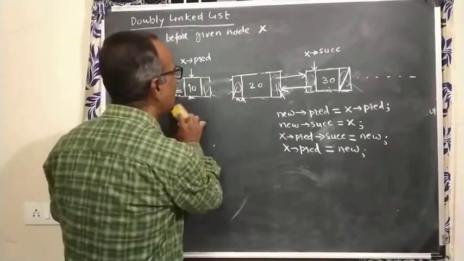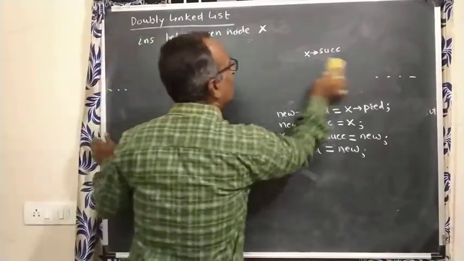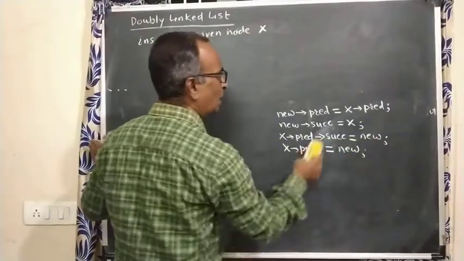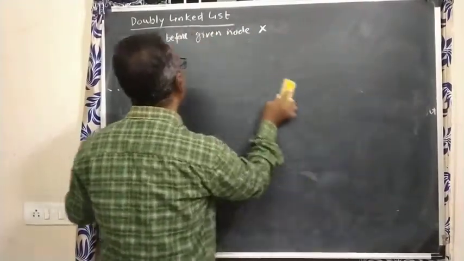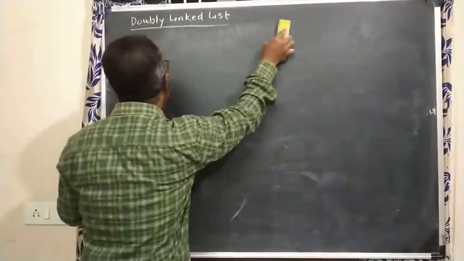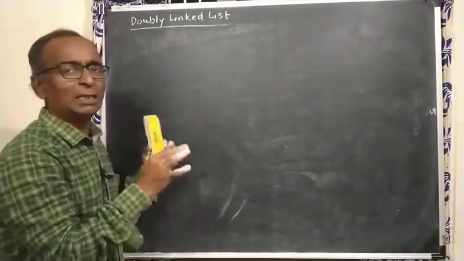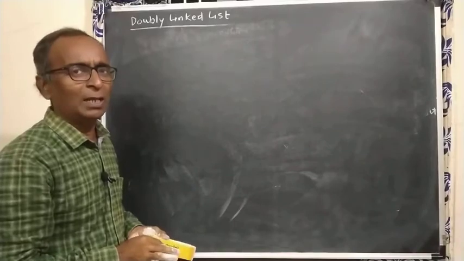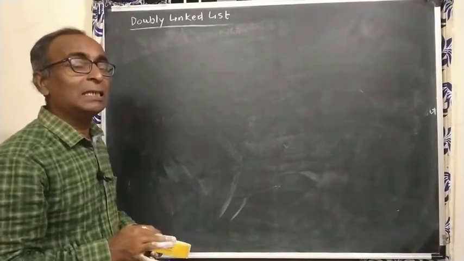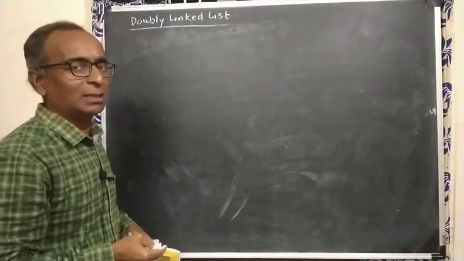Whatever cases we have seen till now, we were assuming the linked list contains at least one node and all this pointer adjustment will work for that. Suppose the linked list is empty, how to adjust?